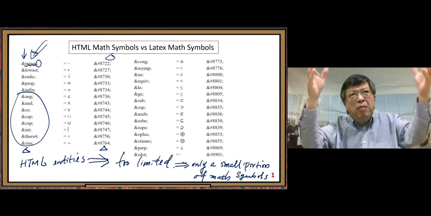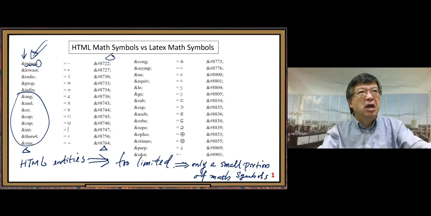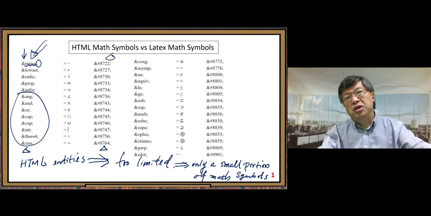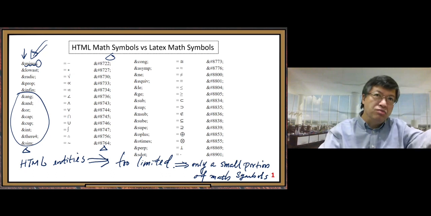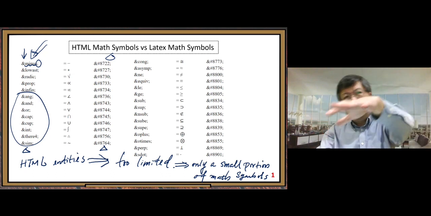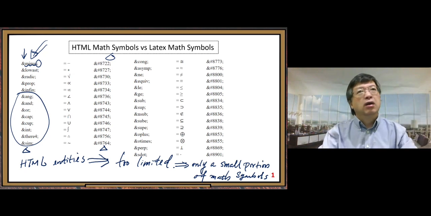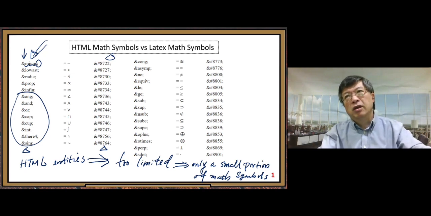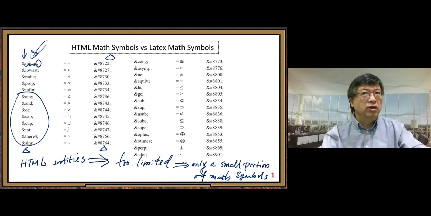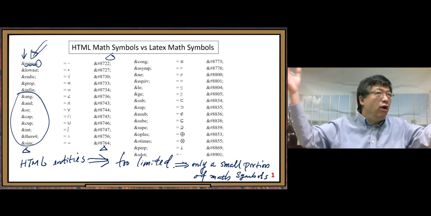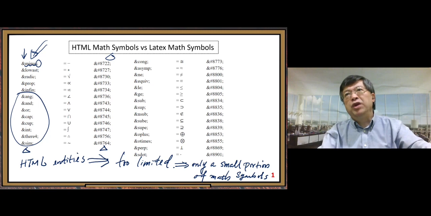And we have a large number of math symbols. So you can imagine the number of different math symbols. Here we are talking about all the possible math symbols, not just what we use in algebra, trigonometry, calculus, linear algebra. That's a big number, probably thousands of different math symbols that the whole world needs to use.